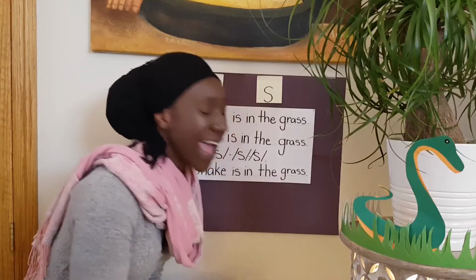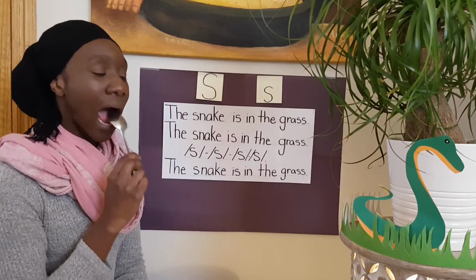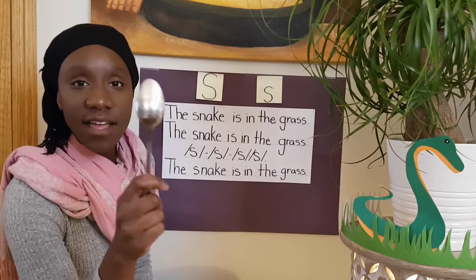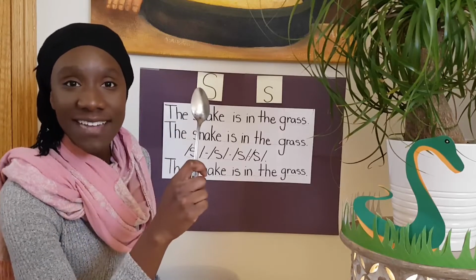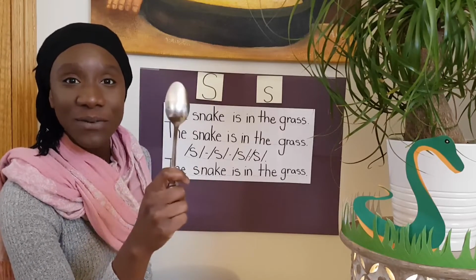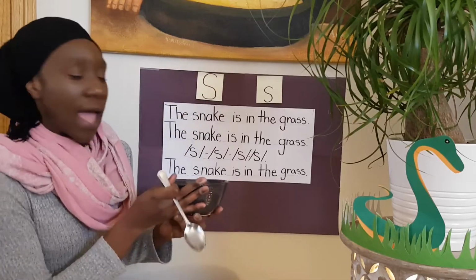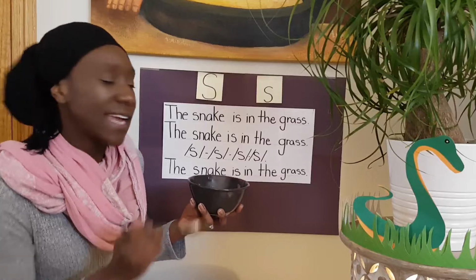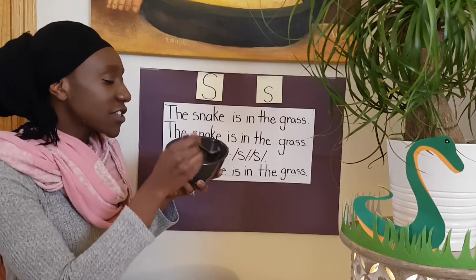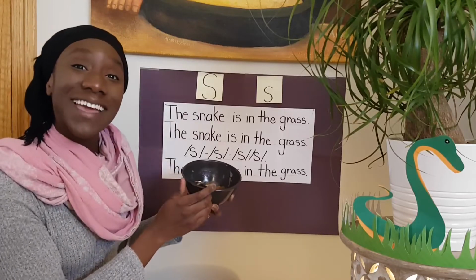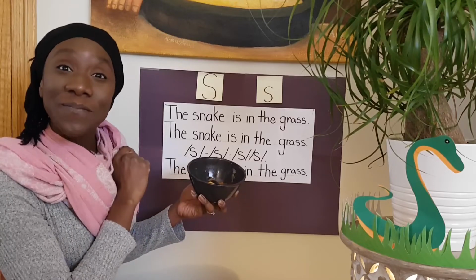The first thing that I have here is a spoon. Can you say that? Spoon. The other thing I have here is my supper. And for supper tonight, I have some soup. Can you say soup?